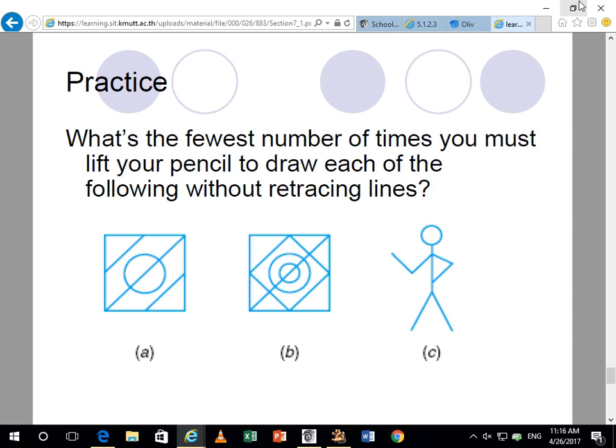C, yes. Come on, guys. Which one? Let's go. You need 3.